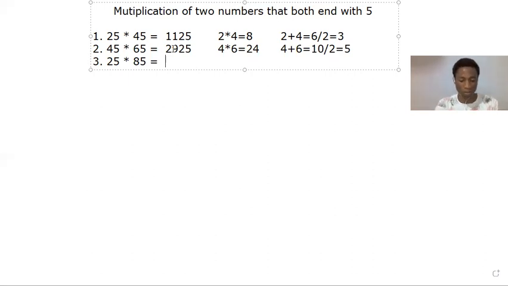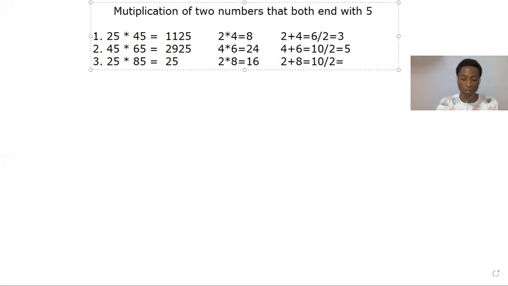Let's try to confirm that. 25, good. We'll say 2 times 8, which gives 16, good. Then we'll say 2 plus 8. We know that 2 plus 8 is equal to 10. So let's divide the 10 by 2.